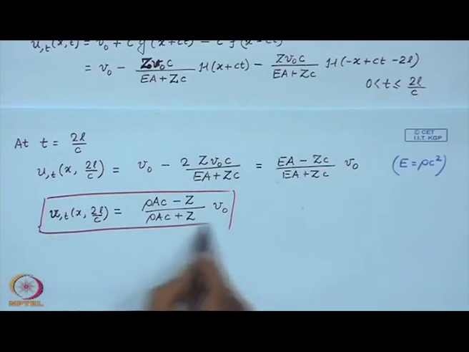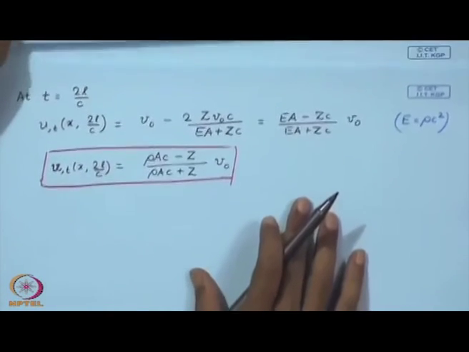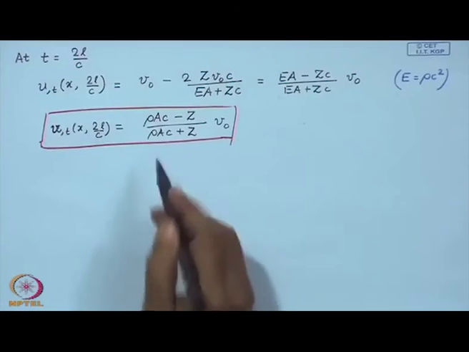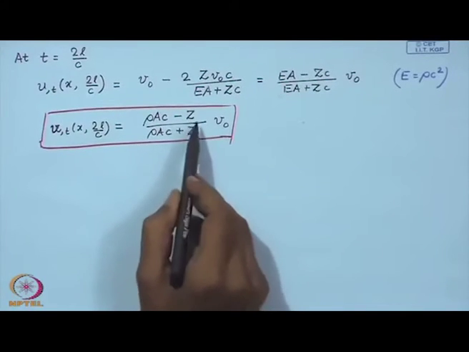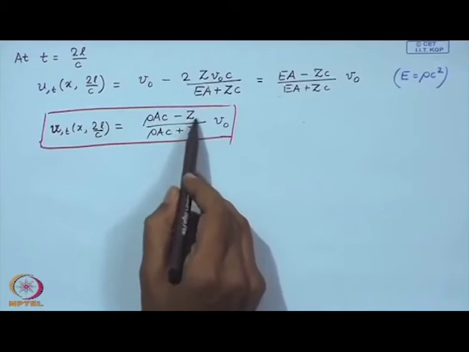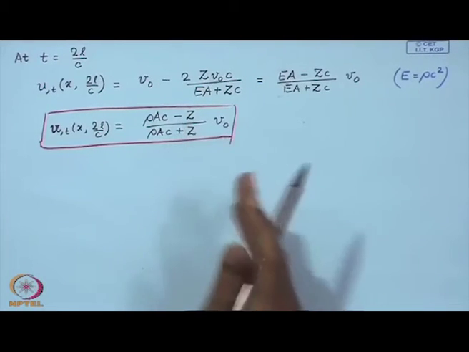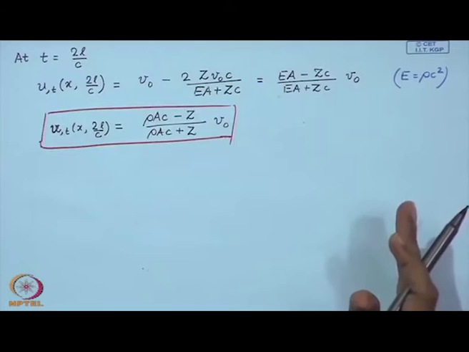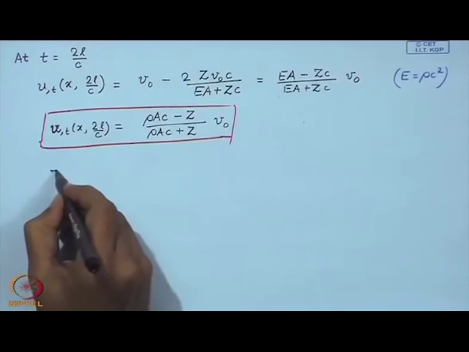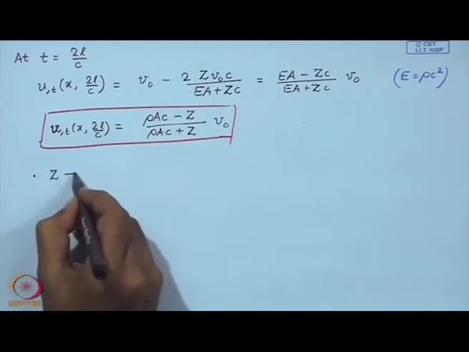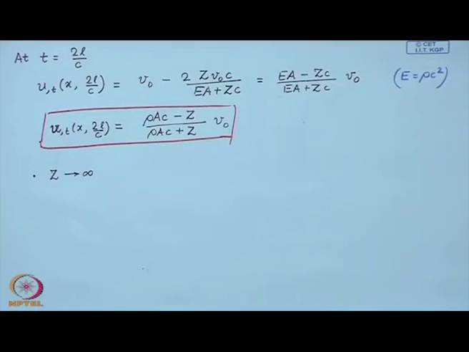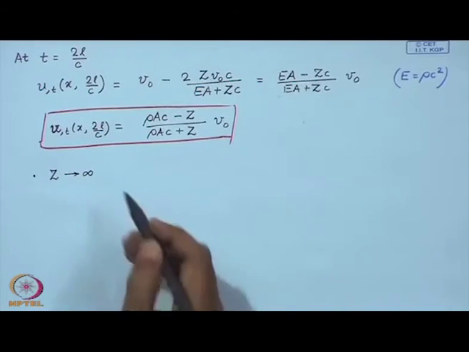Now, let us analyze this expression. You see, when z is infinite, the semi infinite bar is actually a rigid wall. So, if z is infinite, the impedance of this obstacle is infinite, which means it is like a rigid wall.